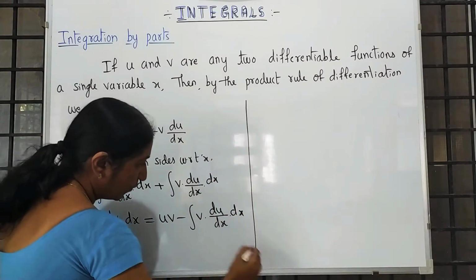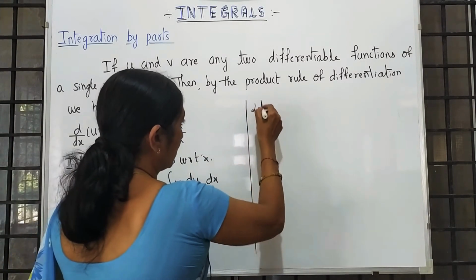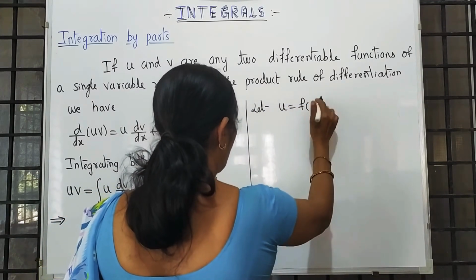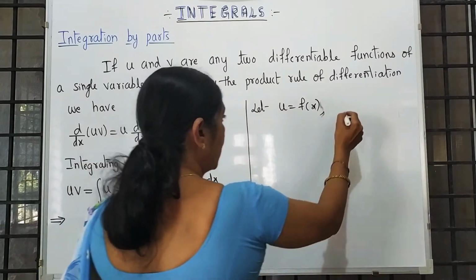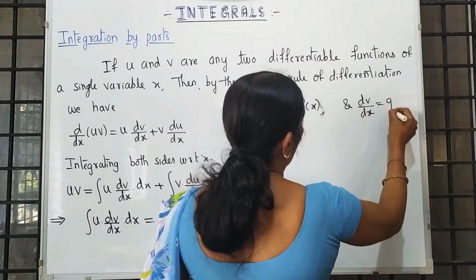After this, for our convenience we are writing, let u is equal to f of x, and dv upon dx is equal to g of x.